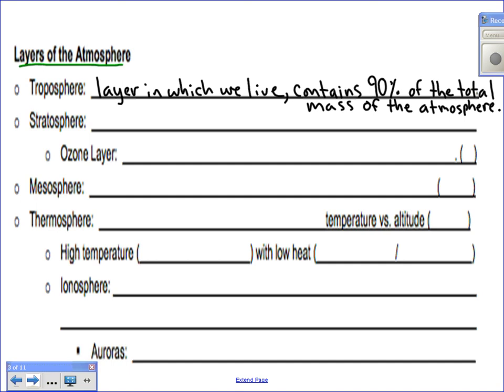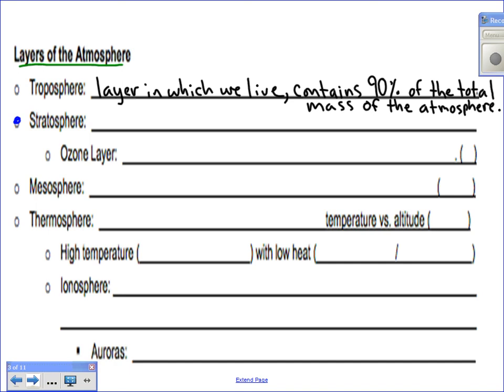Now, when we're talking about the stratosphere, this is the next layer up. This layer is made up of layered gases that don't mix and is very cold. The average temp is around -60 degrees Celsius.